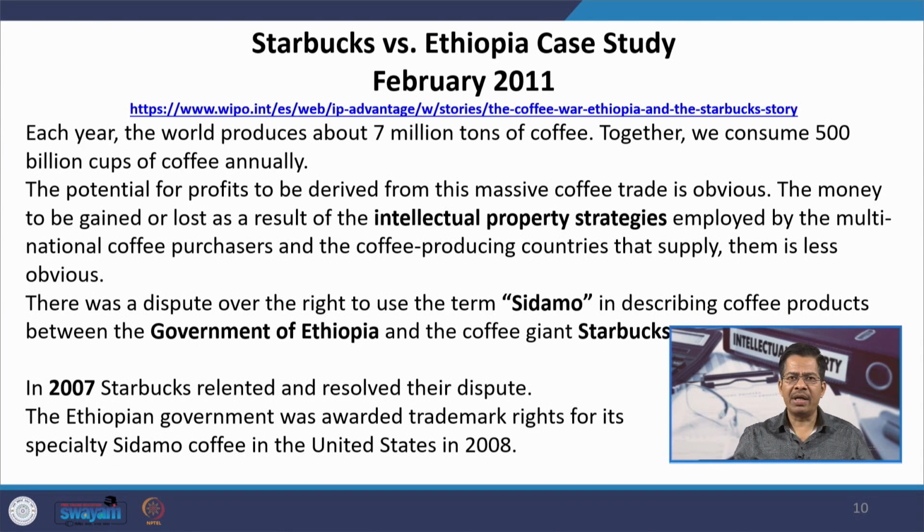There is a very popular case which is available at WIPO. The link is also available here. You can go to this link and see that there was a case between a very large coffee company, Starbucks, and the government of Ethiopia, and it is all about the trade name Sidamo, which this company wanted to use for its coffee, but ultimately when the matter went to the court, this was given to the government of Ethiopia.